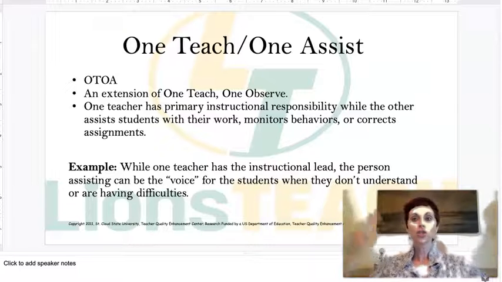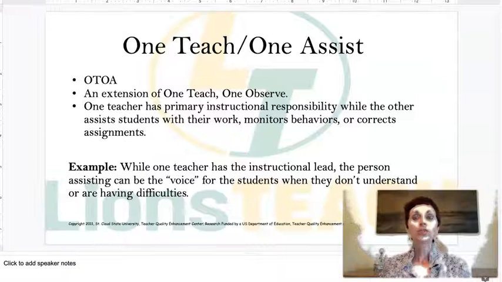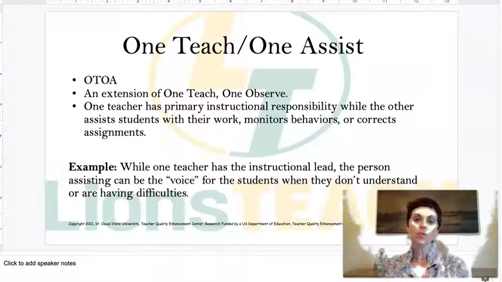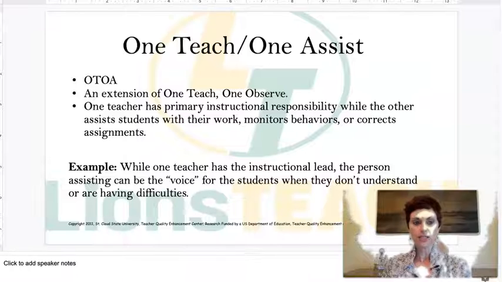Miss So-and-so, can we talk through this a little more and reteach, or let's go over this again? Meaning that you're assisting students, but you're also assisting the teaching teacher when they need to maybe change course, or if students are having difficulties.